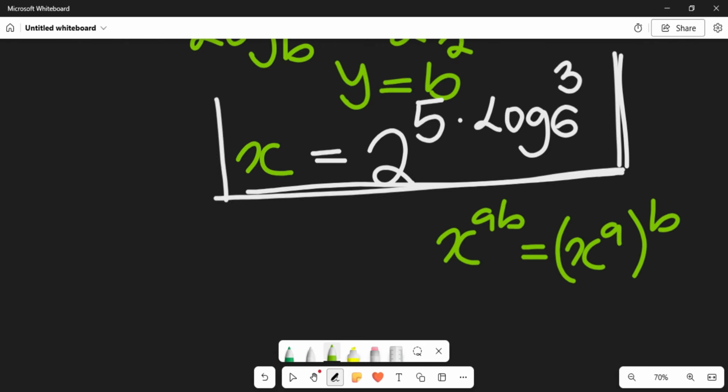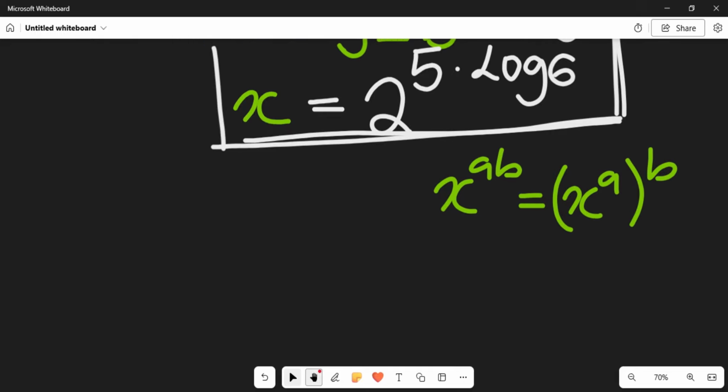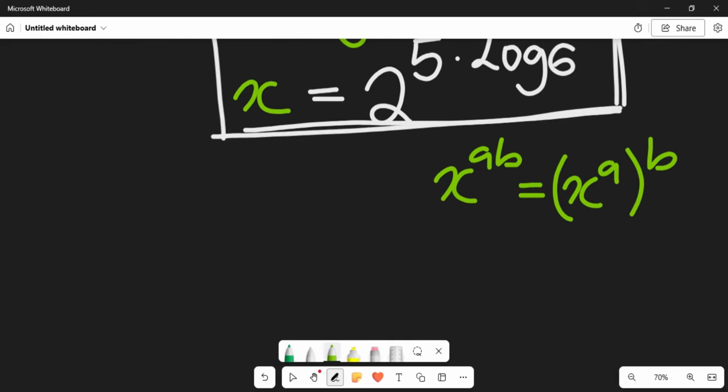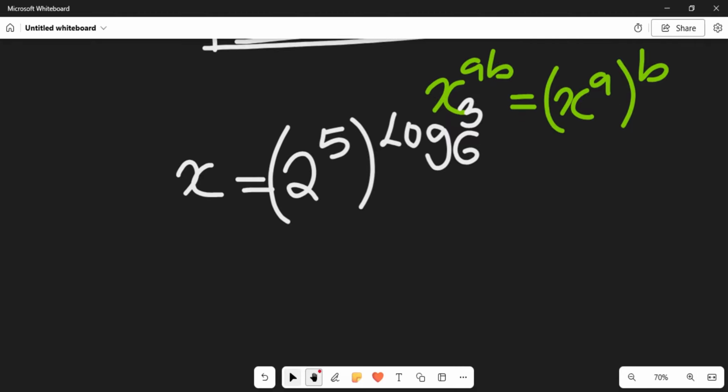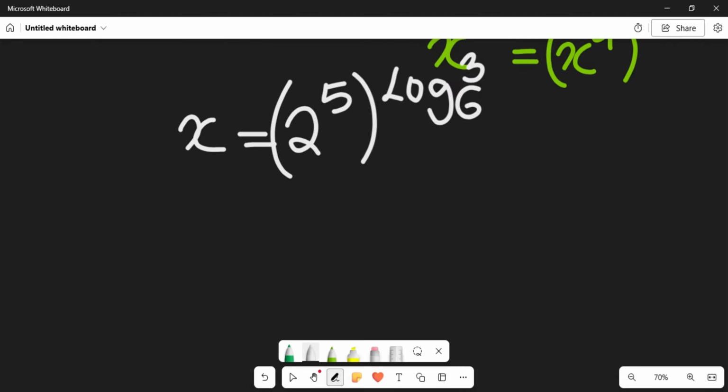So if we reduce that expression, we're going to have the value of our x to be equal to 2 to the power of 5 all to the power of log of 3 base 6. And 2 to the power of 5 will give us 32, right?